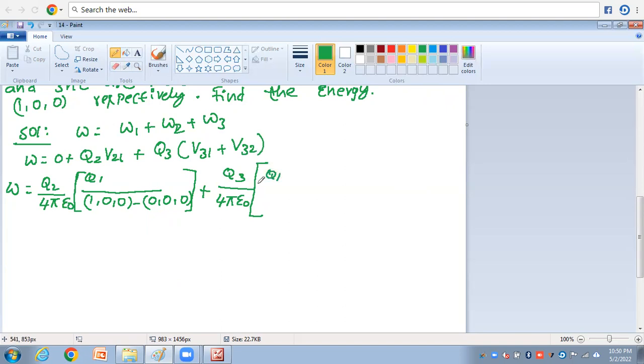Now Q1 by 1, 0, 0. This is one point. We have to write mod also, very, very important. Mod also. Okay. I will extend this bracket and the mod for better clarity.